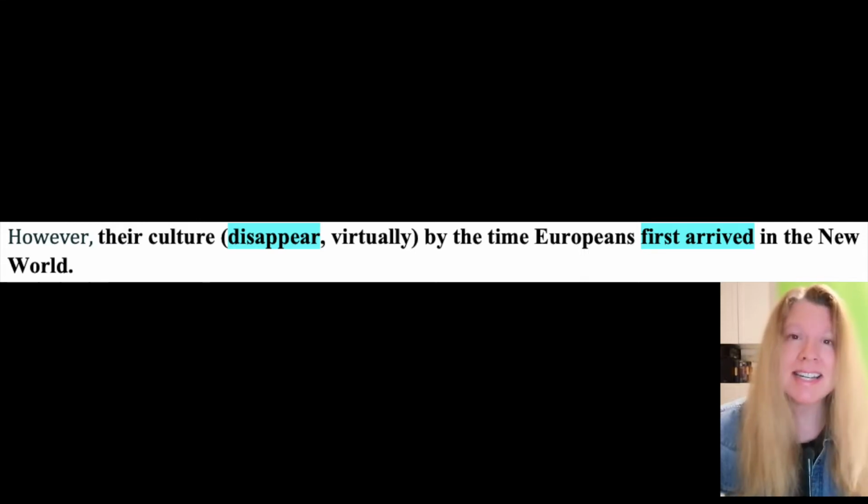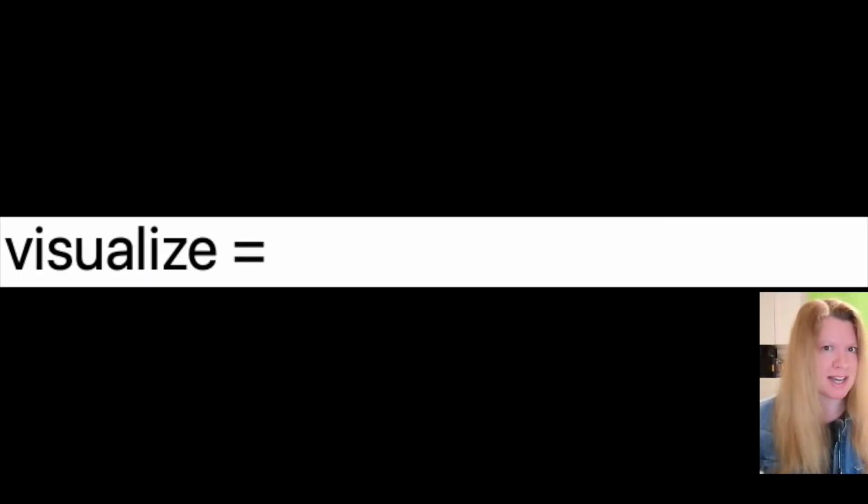And maybe it's easier to decide what the answer is. Let's visualize these 3 actions. Ooh, that's a good word, visualize. Do you know what it means? It means to have a mental image, but I'm going to help you with that mental image.